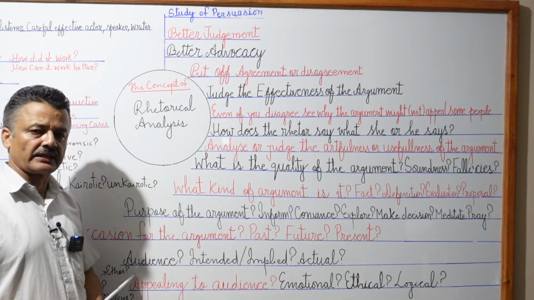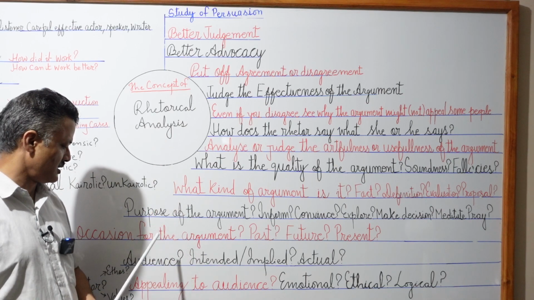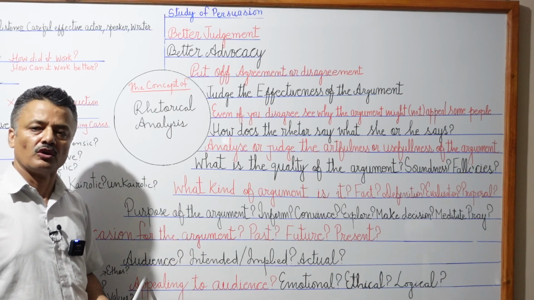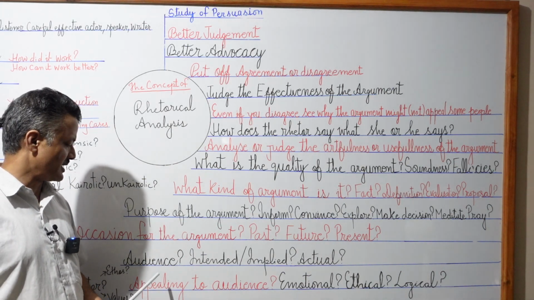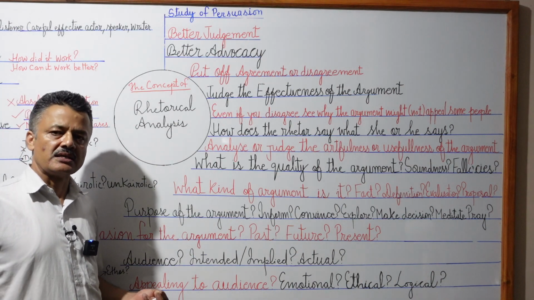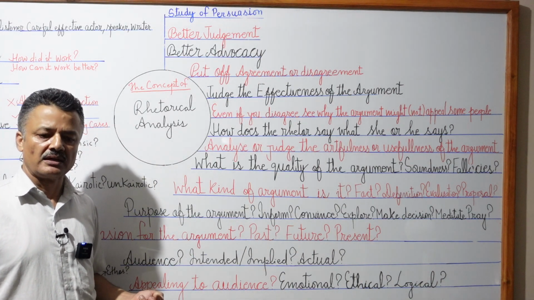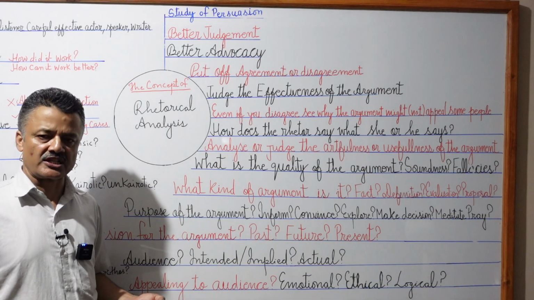Then another thing that we pay attention to when we make rhetorical analysis is the audience. For whom is the rhetor speaking? For whom is the writer writing? Is the essay for women? Is the essay for men? Is the essay for children? Is the essay for university scholars?